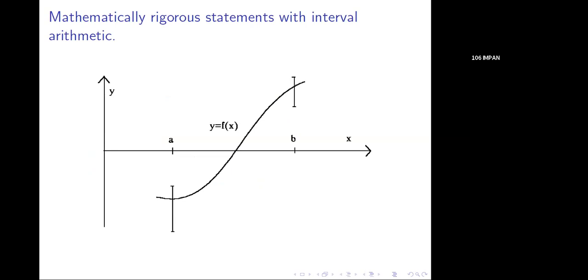For instance, if I have a function given as some sort of composition of elementary functions, f of x, and if I have 2 points a and b, and if I happen to check by a computer that the value of the function f at a is an interval strictly below 0, and the value of my function at b is strictly above 0, then with the help of the above property, I just proved that the function has a 0 in the interval ab, and that is a rigorous statement if I use this rigorous interval arithmetic. So indeed we can do something.